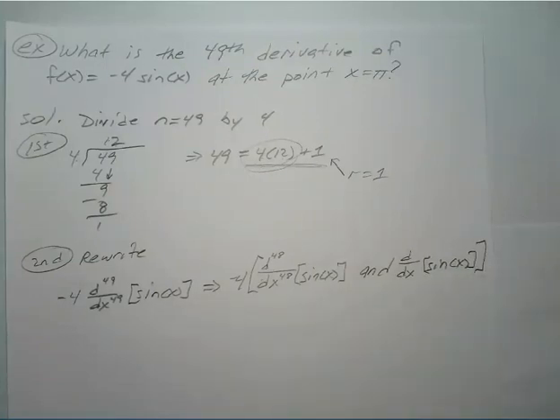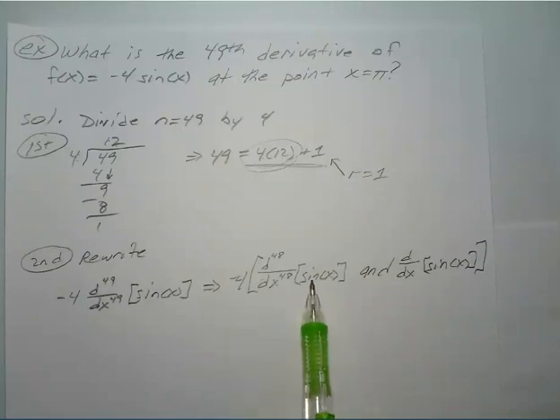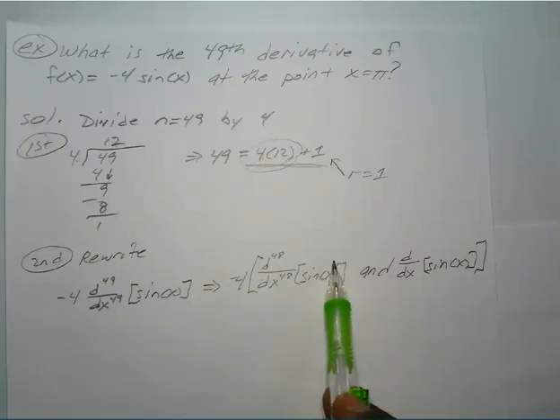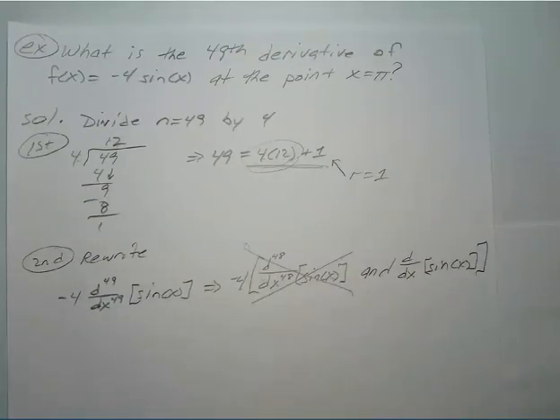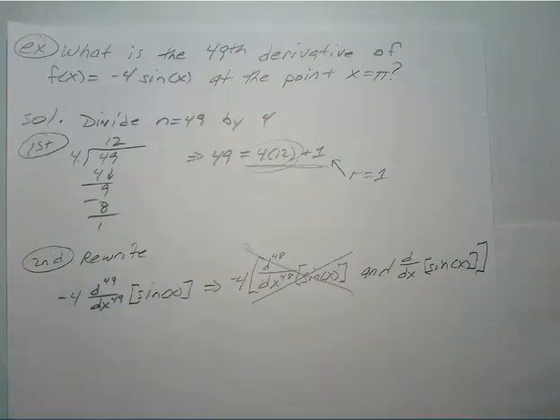If you notice, remember when I told you any multiple of 4 for your derivative of sine will automatically bring you right back at sine. So by the time you get done getting the 48 derivatives, this is going to be right back at sine. So you really don't need it if it brings you right back to where you started. It's that remainder that will match up with your nth derivative.